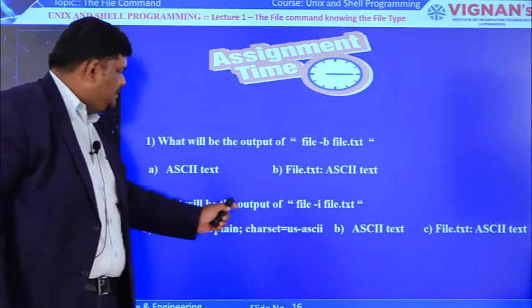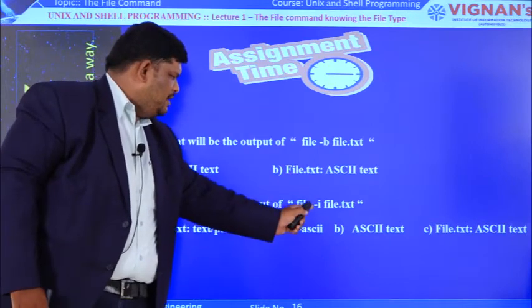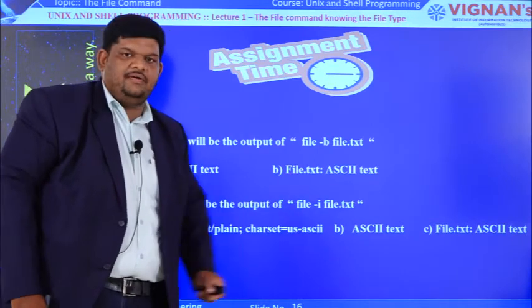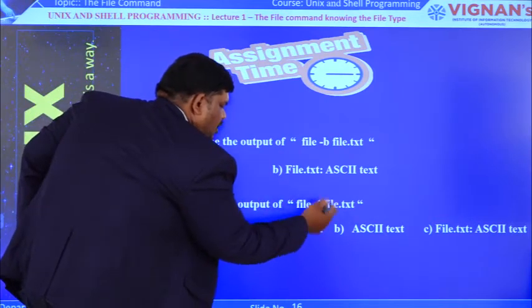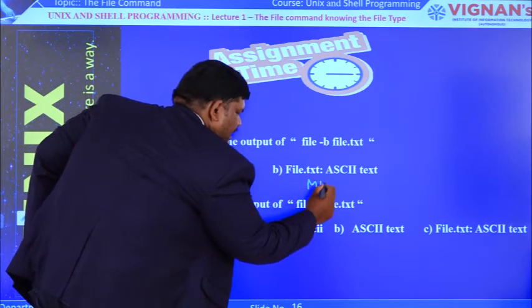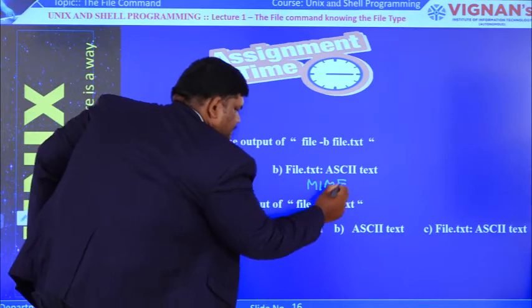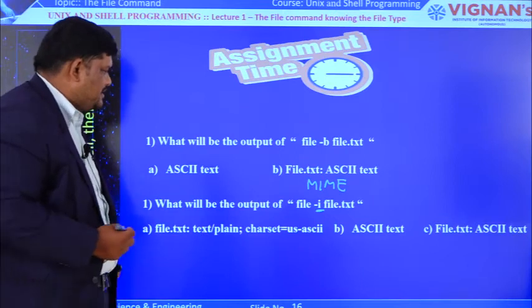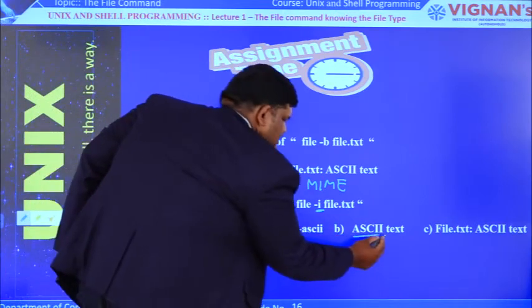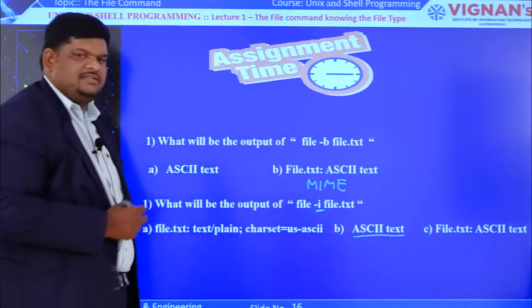Now, what will be the output of file space option I space file.txt? Here we know the option I indicates the output will be in the form of MIME format, that means Internet Standard Format. If you observe the three options, ASCII text is the human readable format, so this is not the one.